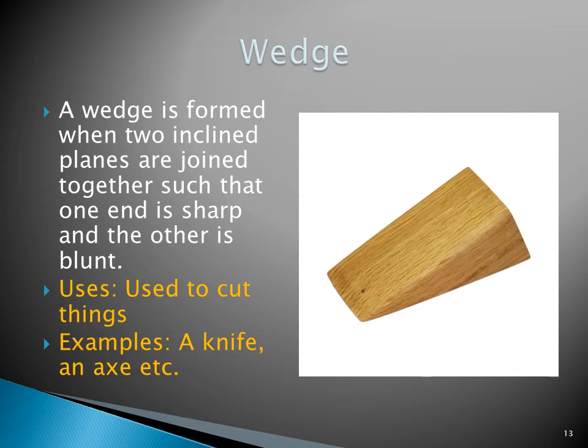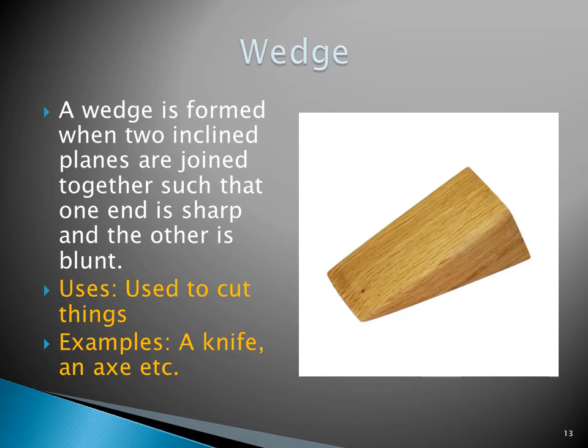Wedge. A wedge is simply a triangular tool often made of metal, wood, stone or plastic. It is thick on one end and tapers to a thin or sharp edge on the other end.